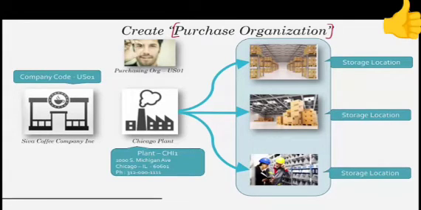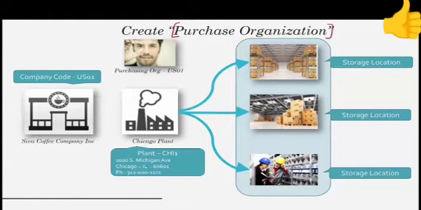A purchase organization is a different kind of org element. It's not like a plant or a company code that you can kind of visualize. A purchase organization tries to divide your enterprise or company through the lens of purchasing. Now that's a very big statement. Don't worry too much about it.